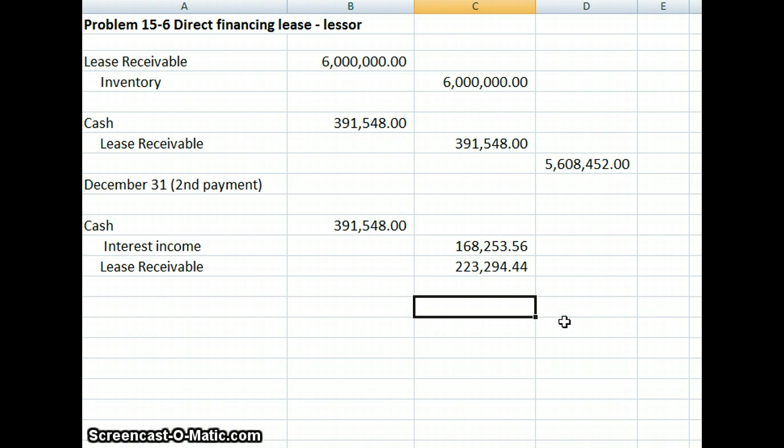We're also going to show on our balance sheet then an ending balance of $5,440,198. It's going to be our ending lease receivable balance on our balance sheet, and that is all there is to accounting for a direct financing lease from the lessor's standpoint.